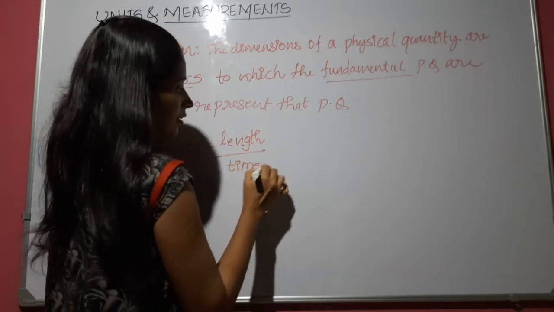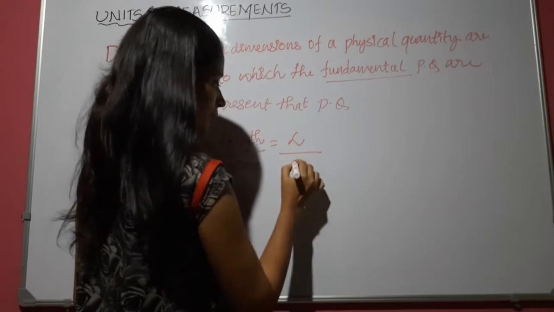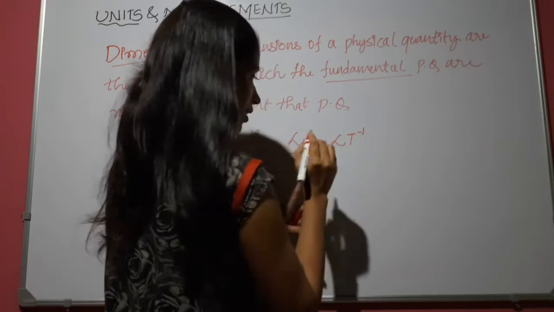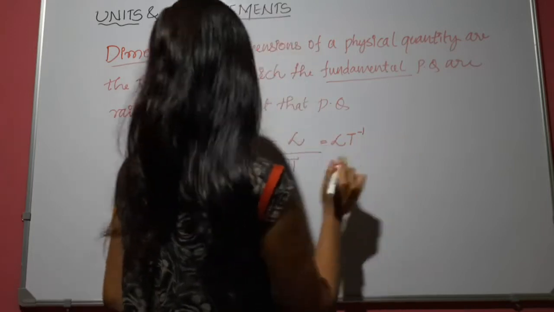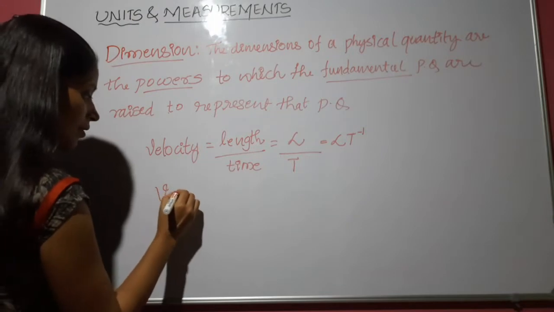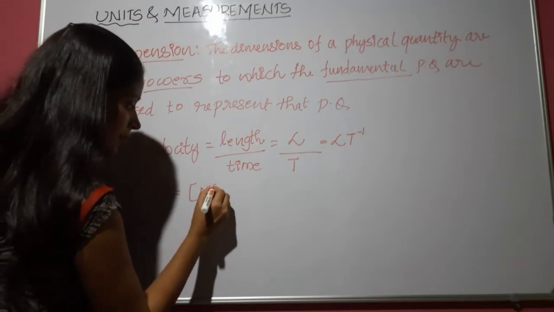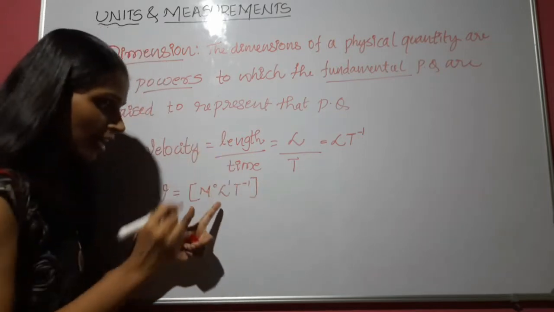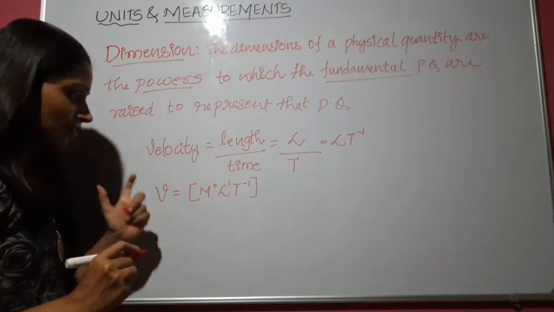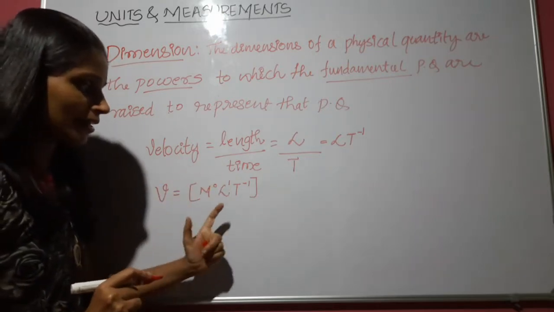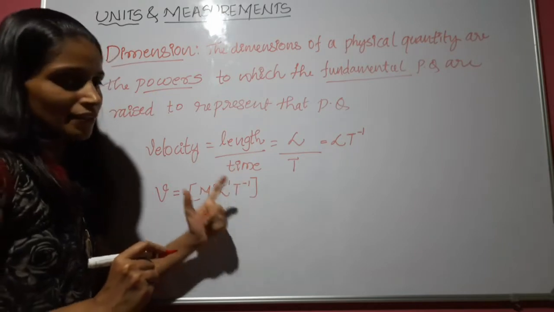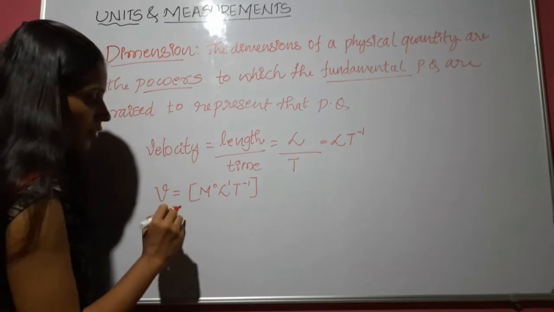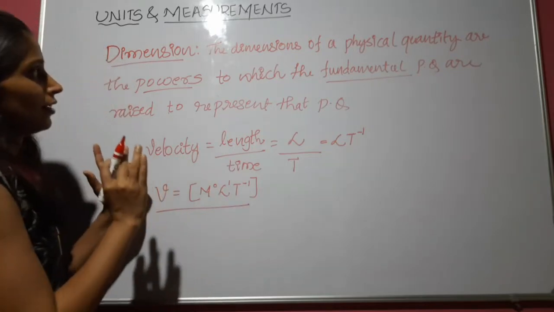Length is L, and time is T. So the dimension of velocity is M power 0, L, T power minus 1. The dimension of L in velocity is 1. The dimension of T in velocity is minus 1. The dimension of M is 0. So the powers are 0, and this is the dimension.